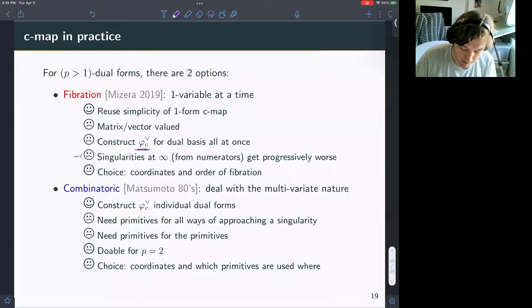Another downside is that if I have some Feynman integral that started with a singularity at infinity, so it's got a double pole at infinity, as I start integrating over these fibers, the forms left in the basis are going to have higher and higher order singularities at infinity after each subsequent integration.